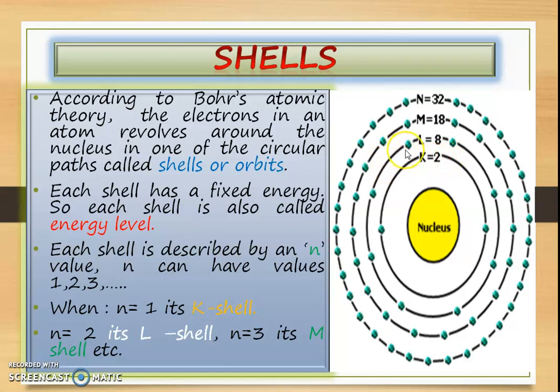And if the value of n is equal to 2, it means we are talking about L shell. So L shell accommodates a maximum of 8 electrons. And if the value of n is equal to 3, it means we are talking about the third shell, that is M shell, and it accommodates a maximum of 18 electrons. And for n equal to 4, we are talking about N shell, it accommodates a maximum of 32 electrons.